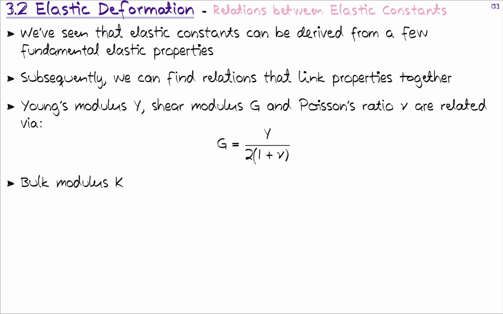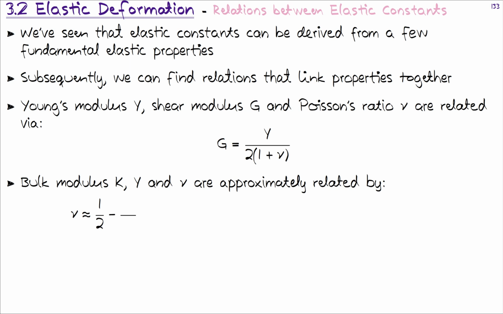Another relation or approximation that we can find, we do not show the derivation here, but it's also doable. The bulk modulus K, the Young's modulus Y, and the Poisson's ratio nu are also approximately related via a relation where nu is approximately 1/2 minus Young's modulus Y divided by 2 times K, the bulk modulus.